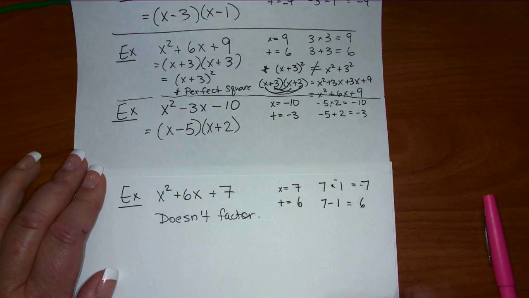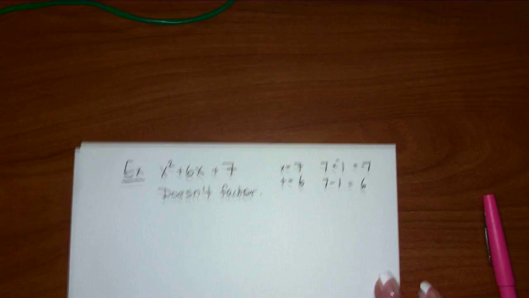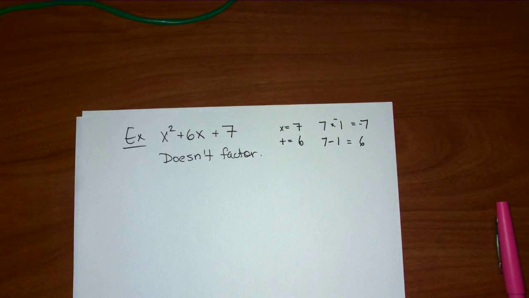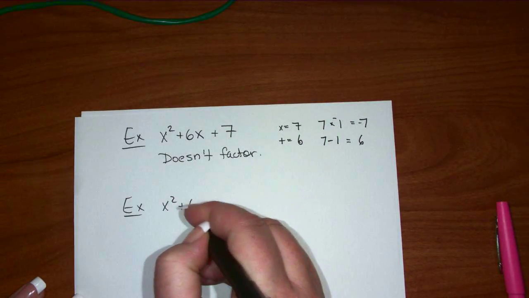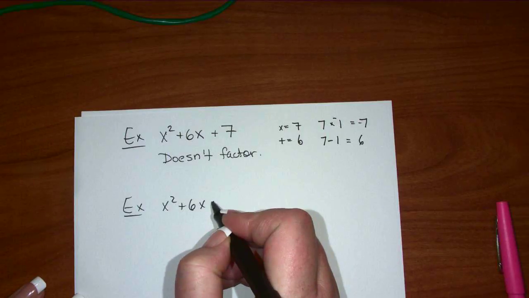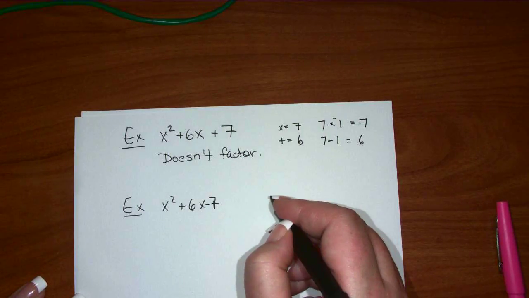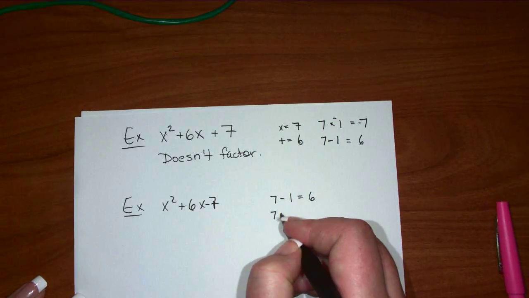Even though it looks close, like it might factor, because you can get the two numbers, how could we rewrite this so that it actually did work? If I had this 7 as negative, it would have worked, because then 7 minus 1 is positive 6, and 7 times minus 1 is minus 7.